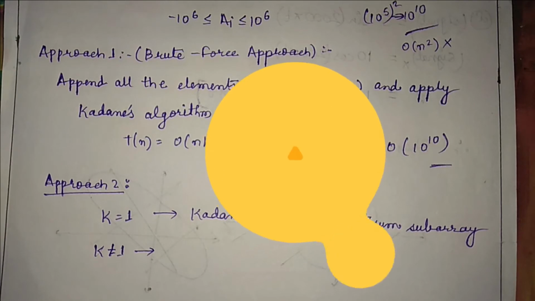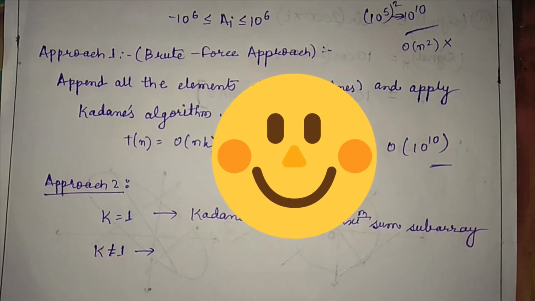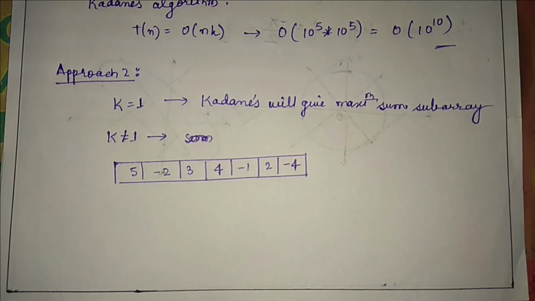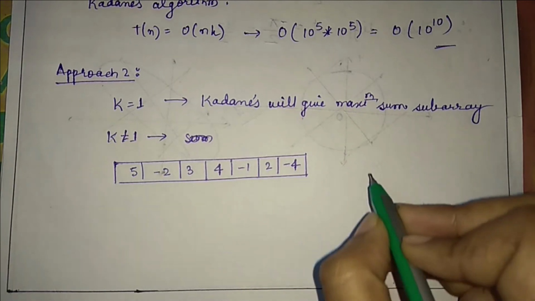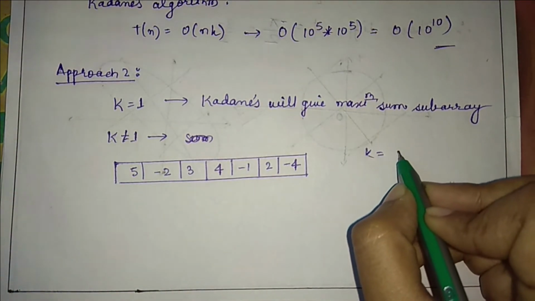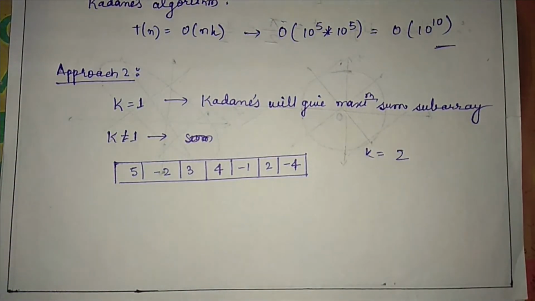For k not equal to 1, we have to think more deeply. Suppose this is our array containing negative elements as well as positive elements, and suppose it is repeated k equals 2 times. If you think deeper, what will be our maximum sum?